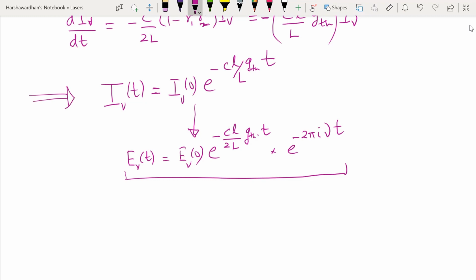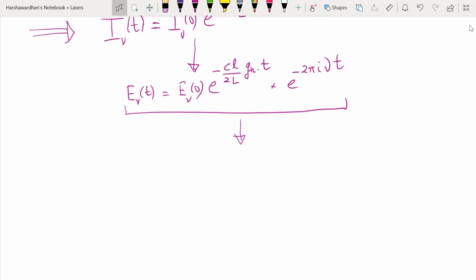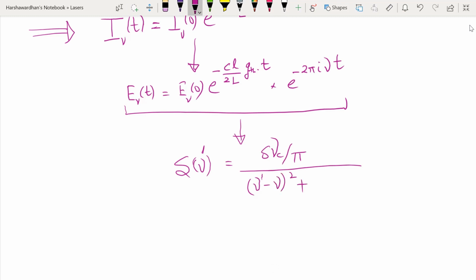Clearly, I can write down the spectrum of this. If I take a Fourier transform of this, I would get a spectrum which is Lorentzian, because the exponential decay results in a Lorentzian. The corresponding spectrum is going to be of this form: my S nu prime, the spectrum associated with the light here, is simply delta nu c by pi over nu prime minus nu the whole square plus delta nu c whole square.